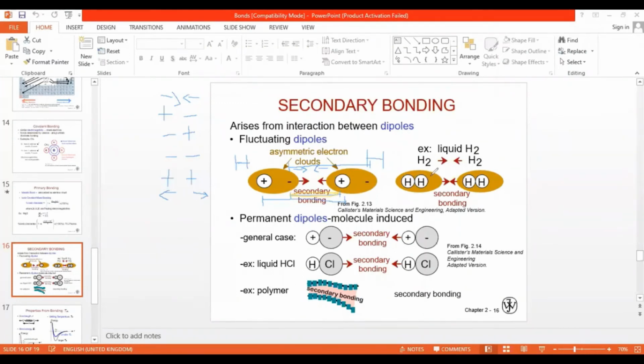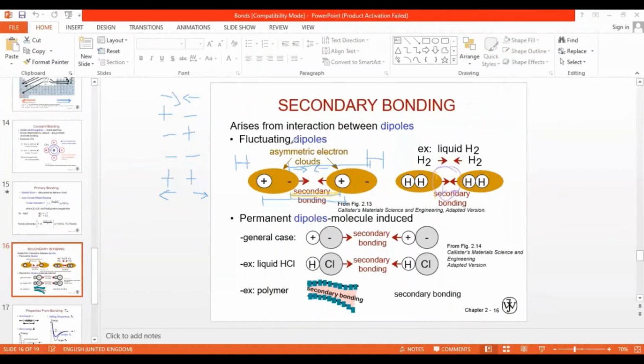But when this H2 and this H2 come closer to form a kind of liquid hydrogen, at that stage, if this region is a kind of plus, then automatically this hydrogen will send this plus part back and the minus region would come forward to form this bond, right? So this is how dipoles are formed.